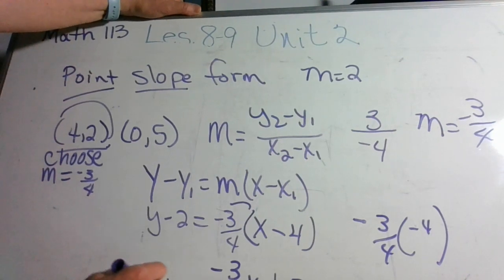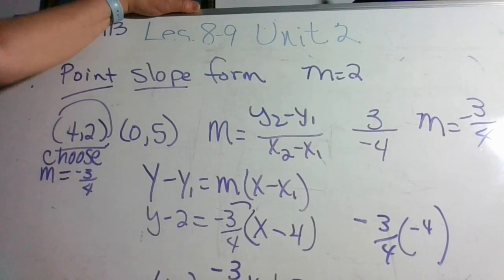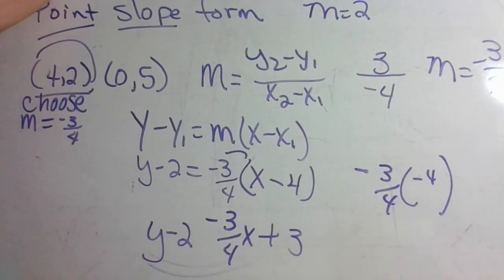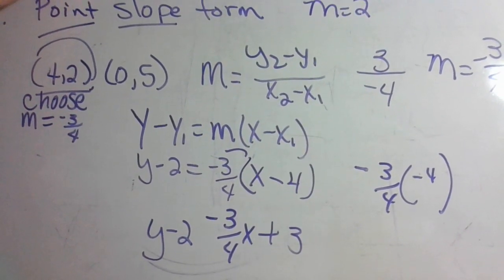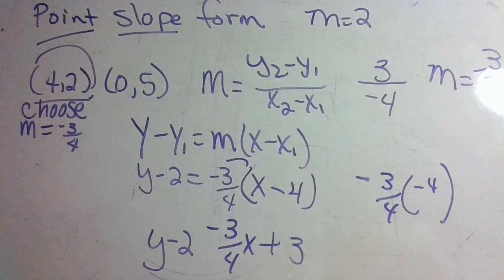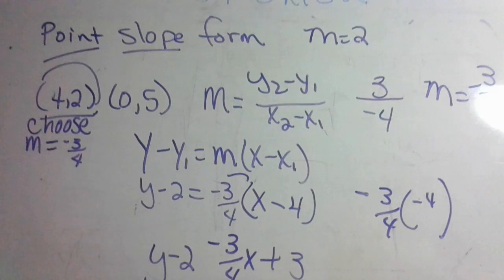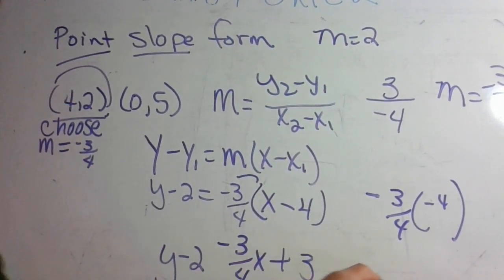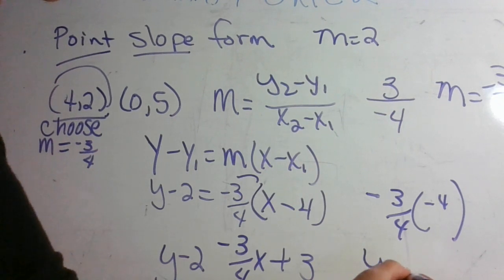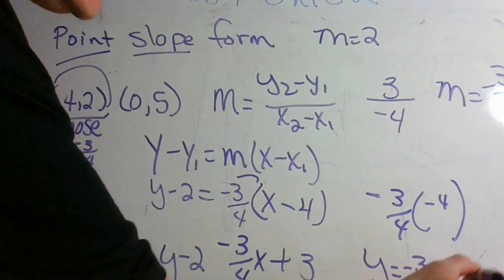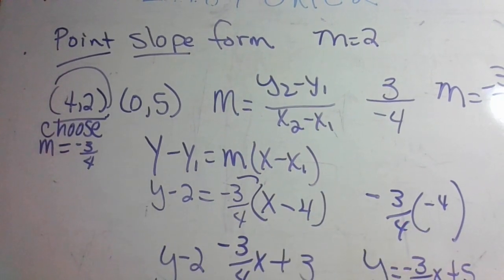So y minus 2 is equal to negative 3/4 x plus 3. So if I add that 2 to both sides, we're going to have y equals negative 3/4 x plus 5, and then that would be your equation.